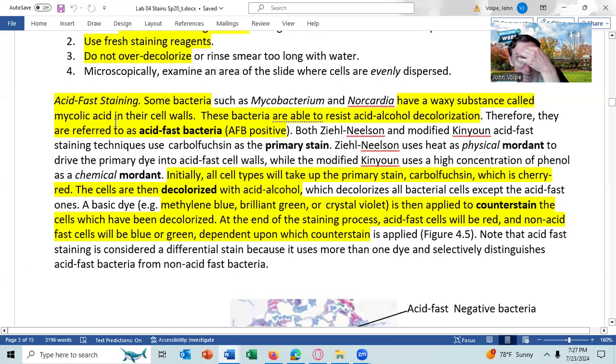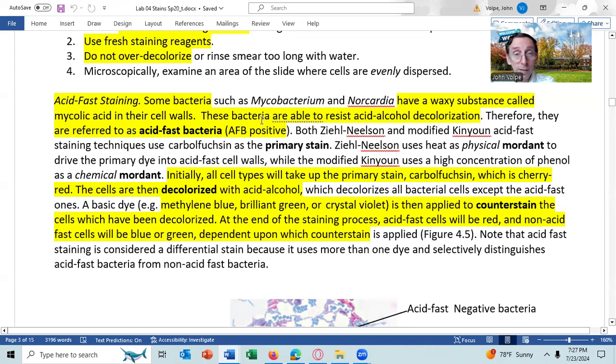And so you can't say the majority of the cell wall is peptidoglycan, because the majority is peptidoglycan and mycolic acid. And I'm not sure in the Mycobacterium which molecule is more common, because both molecules are very large and they're very thick on the cell wall for the Mycobacteria.